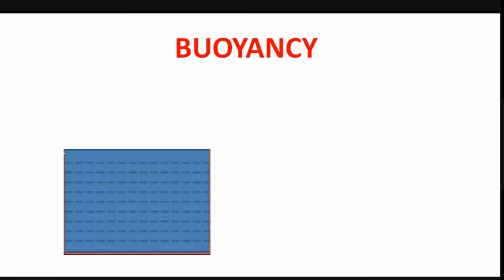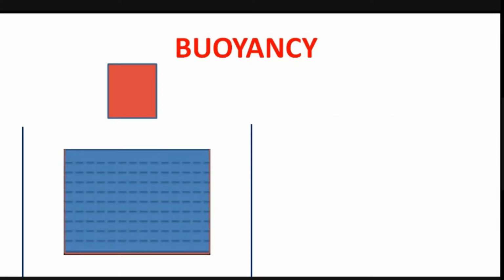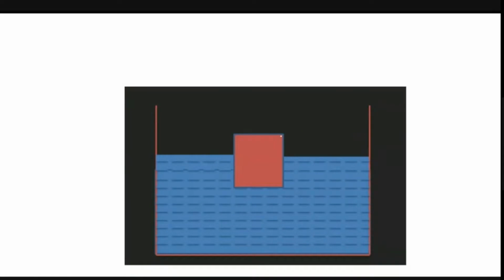For buoyancy, let me take one tank and fill it with water. If I put another object in this tank, it displaces some amount of the fluid. Let's say this is the fluid displaced by this object, as I have partially immersed it in the fluid.